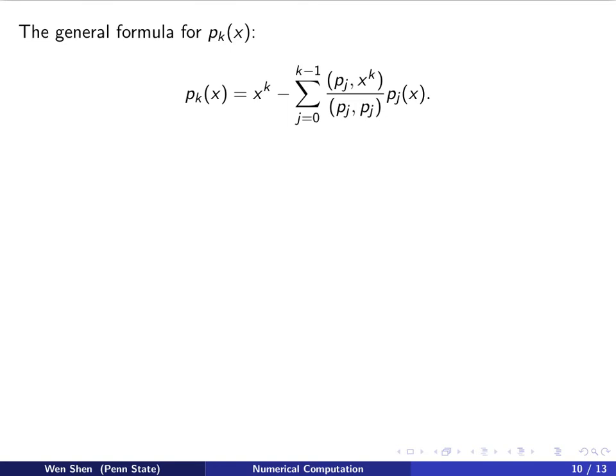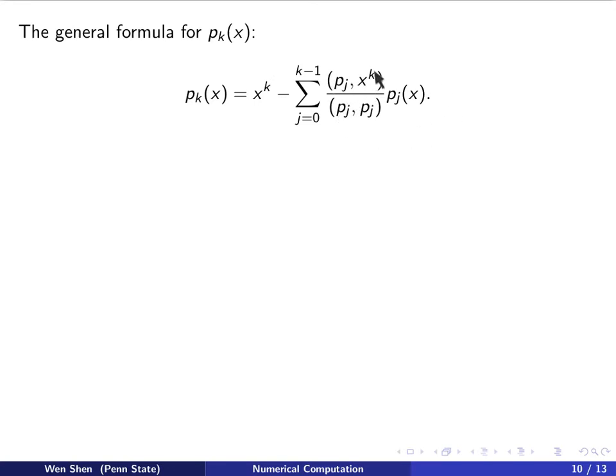And you can continue this process, and the general formula for step k, when you want to compute pk with the polynomials p0, p1 all the way to p(k-1) already computed, is the following. You start with the function x to the k, which cannot be represented by all the previous polynomials, and then you take away from it all these projections.